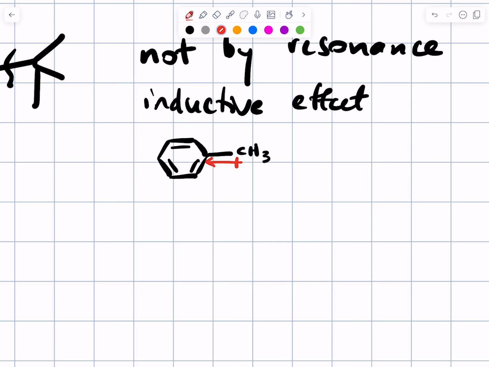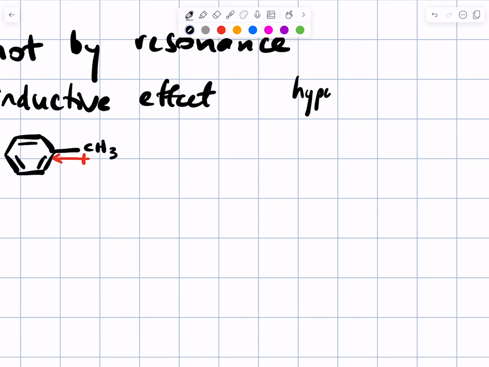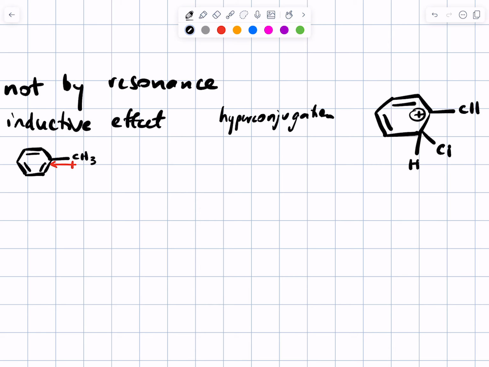There's some controversy over that. There continue to be papers published doing calculations that suggest that this effect is not actually that important, and that perhaps a bigger effect is hyperconjugation. So you have seen before that a filled carbon-hydrogen bonding orbital can line up with an empty orbital and donate electron density into it. So let's just imagine we're doing an electrophilic aromatic substitution reaction.